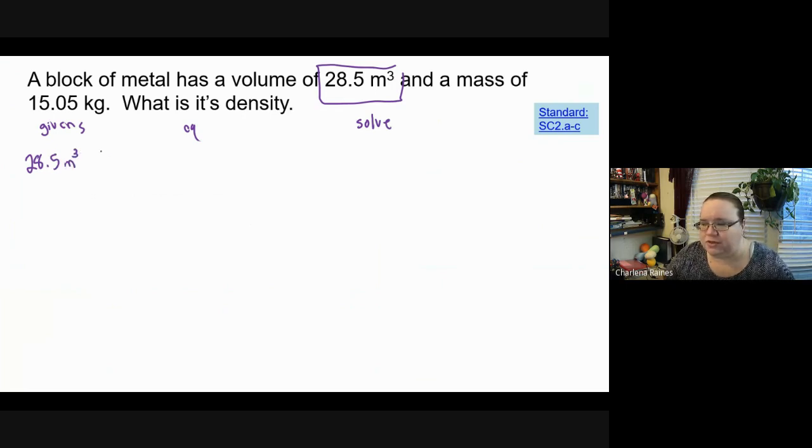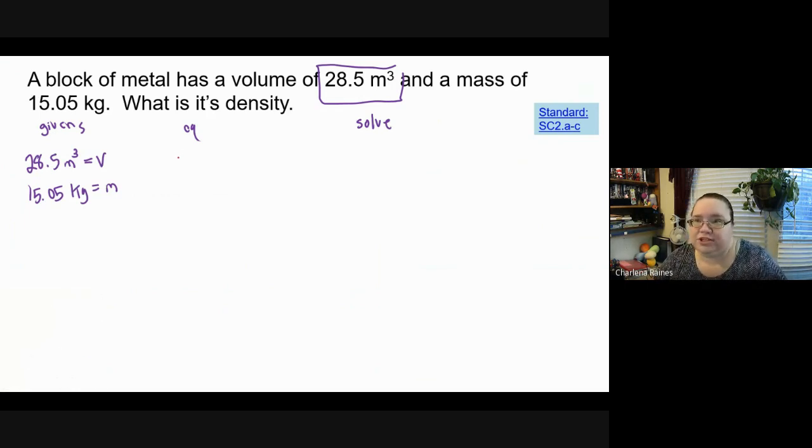Meters cubed, that measures volume. That is one of my units for volume. So my second number, 15.05 kilograms. Kilograms, grams measures mass. So it's asking me to find density.